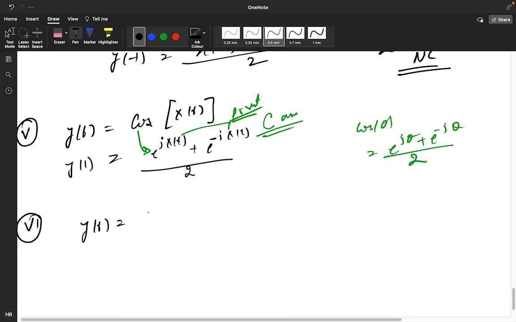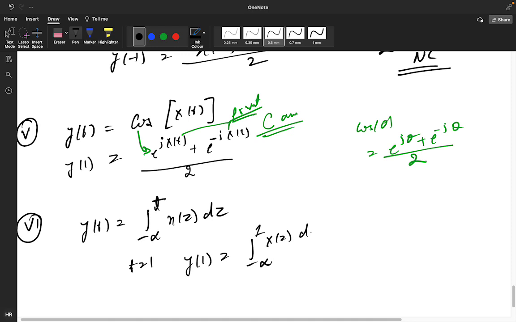y of t equals the integral from minus infinity to t of x of tau d tau. So at t equals 1, y of 1 is the integral from minus infinity to 1 of x of tau d tau. This minus infinity is your past value and this 1 represents your present value.